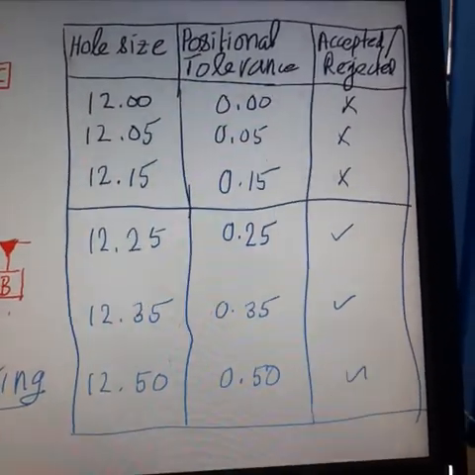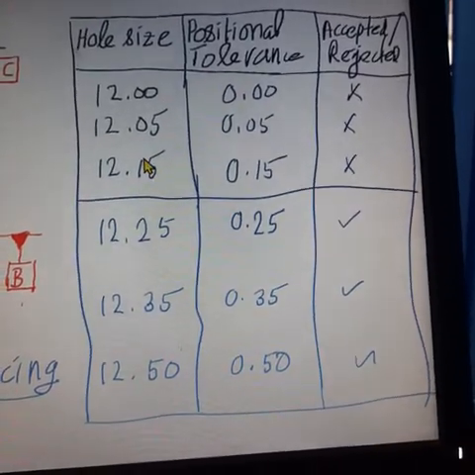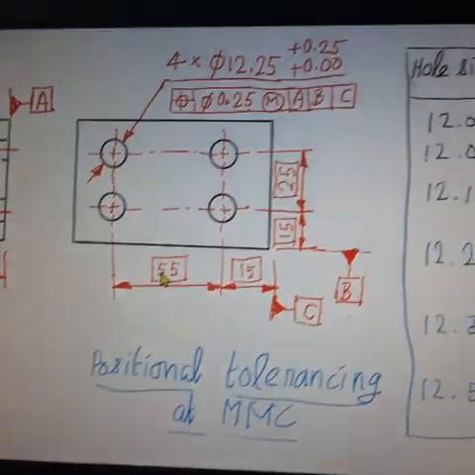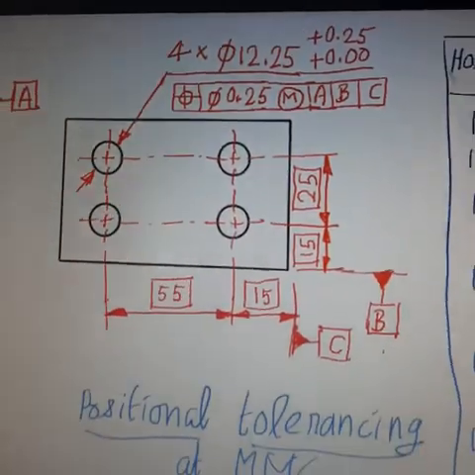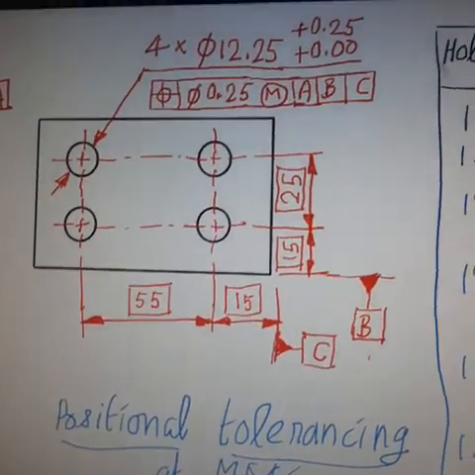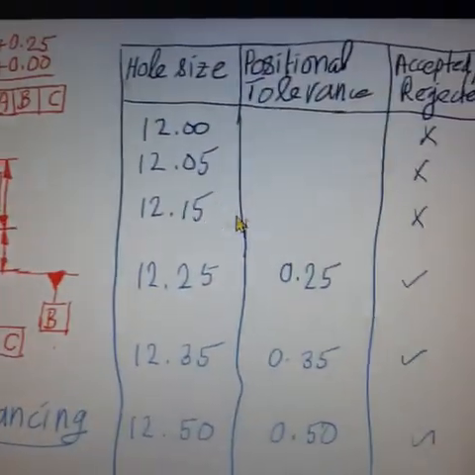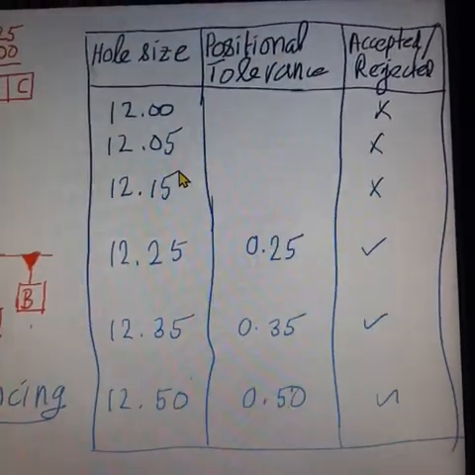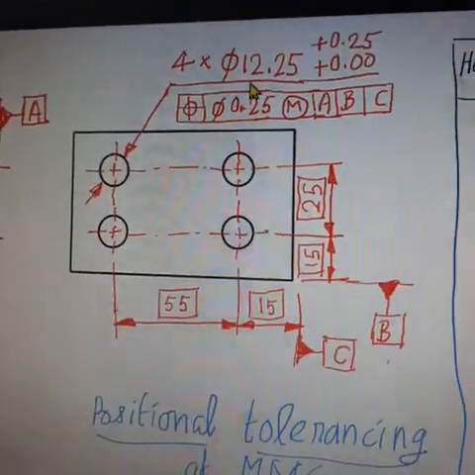Previously, hole sizes of 12.05 and 12.15 were rejected. If you compare with the previous drawing, when you don't convert to zero position tolerancing, a hole size of 12.05 or 12.15 cannot be accepted because it exceeds the lower limit.